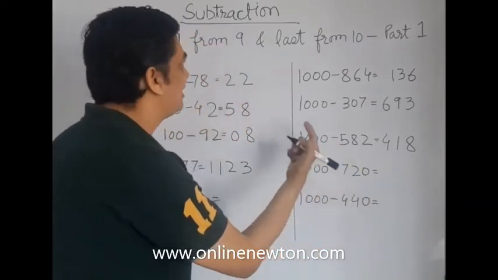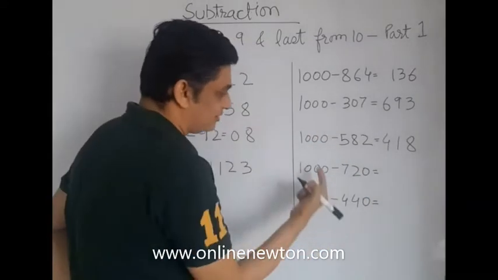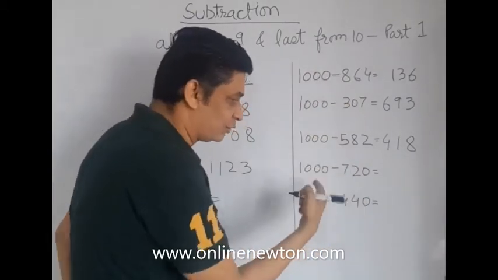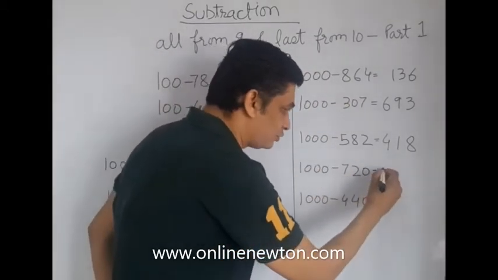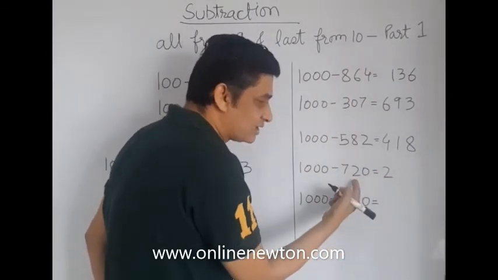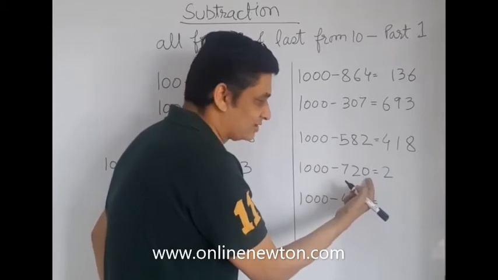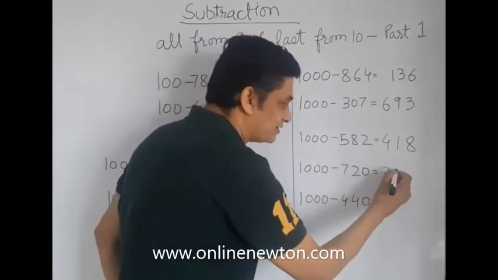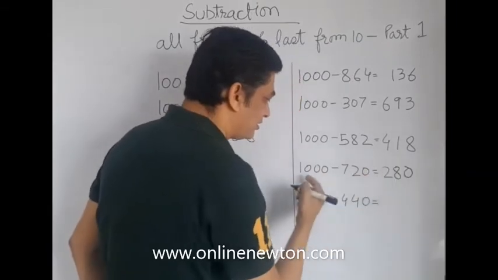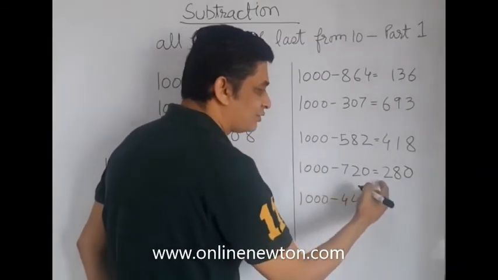So we will apply all from 9 to this 7 and last from 10 to this 2. 9 minus 7 is 2, and last from 10 we apply to this 2 because there is a 0 after it. So 10 minus 2 is 8, and this 0 we just put here. So 1000 minus 720 is 280.